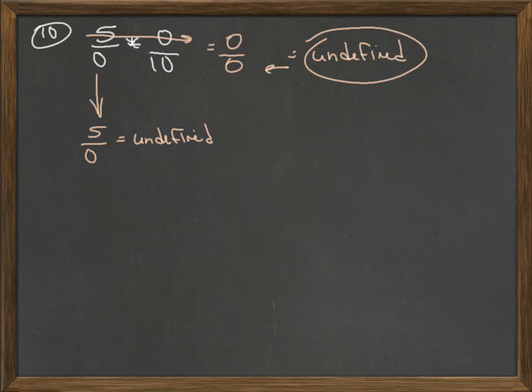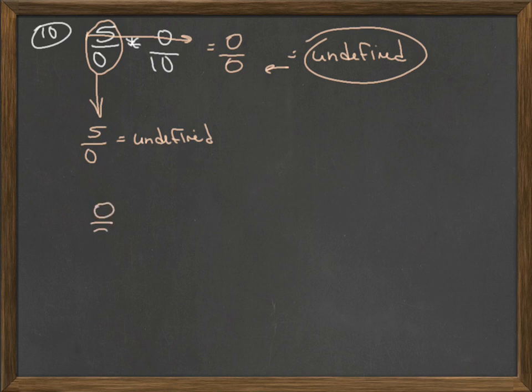So either way you think about it, you can think that we can't perform this operation to begin with because we're working with a number that's undefined. Or if you want to think about it as multiplying across and getting 0 over 0, which by definition is undefined, then you can think about it that way as well.